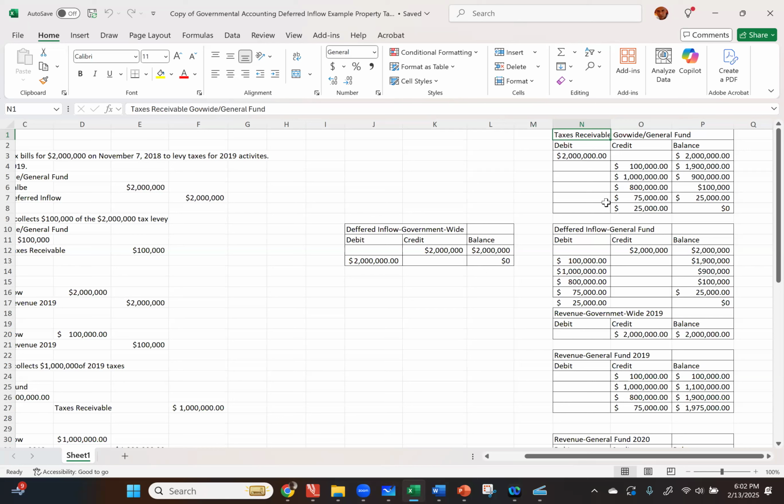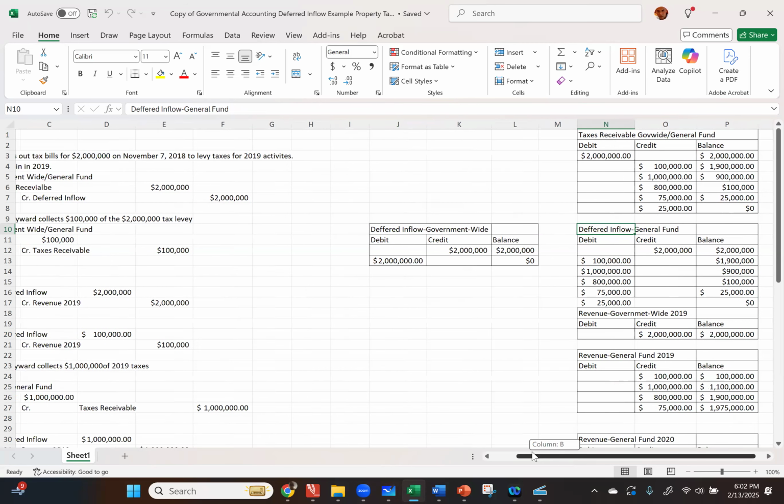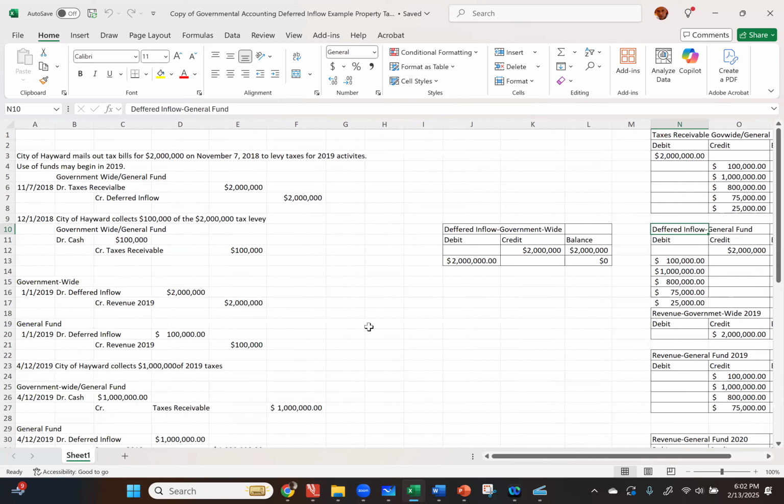It doesn't matter whether I'm dealing with modified accrual at the fund level or full accrual at the government-wide level. Now, when I look at this, I set up a deferred inflow government-wide, and then I have a deferred inflow at the fund level, and I'm assuming the general fund, okay? Because those will be different depending on how this money comes in. Now, what happens? We come to 12/1, 2018. So we're still in 2018.